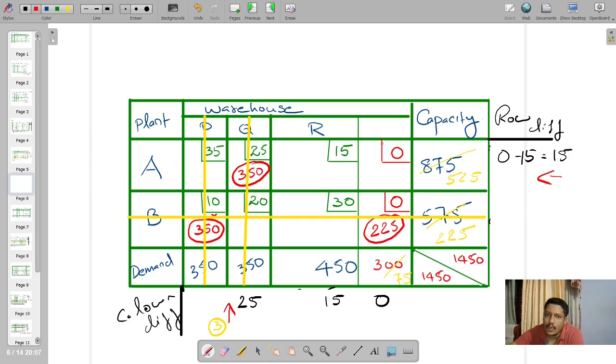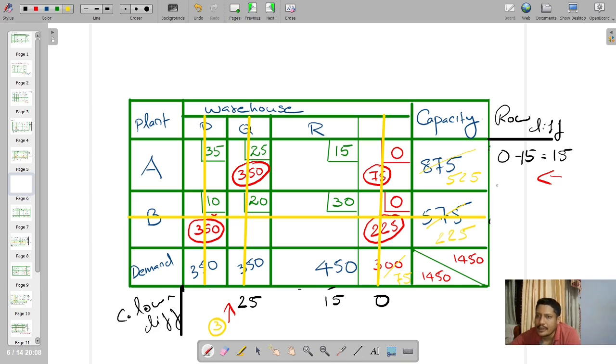In the first row, the lowest element is 0, where the capacity is 525 and demand is 75. So you can allocate that 75 here. When you allocate that 75, that dummy column will also get eliminated.